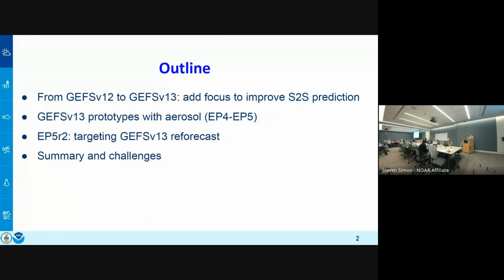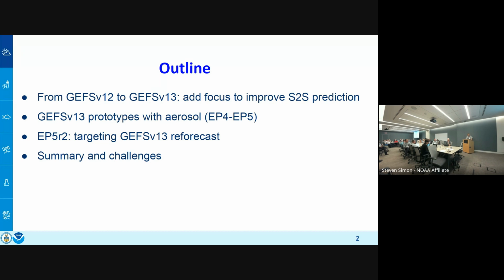This is the outline. First, I'm going to show the configuration for GEFSv12 and GEFSv13, so the differences, the updates. I want to show the focus for GEFSv13. One of the focuses for GEFSv13 is to improve subseasonal to seasonal forecast. After that, I will give you a very brief introduction to GEFSv13 prototypes.